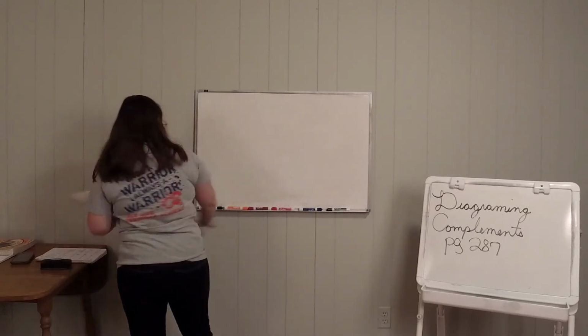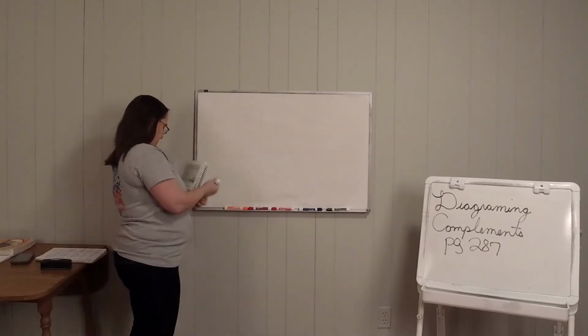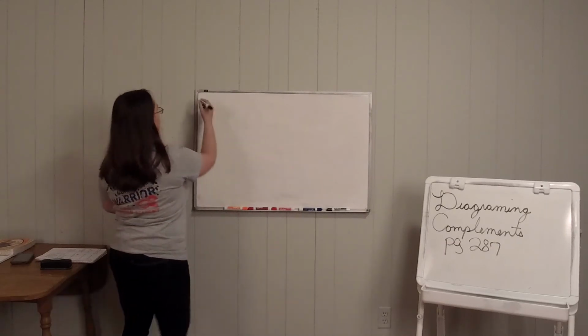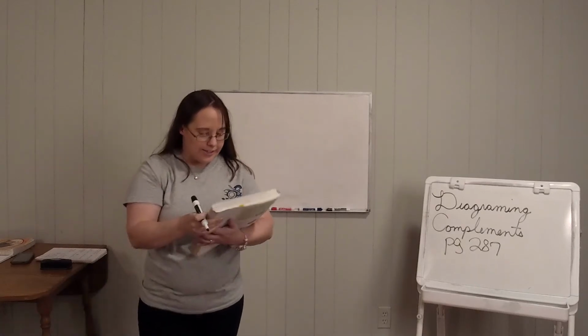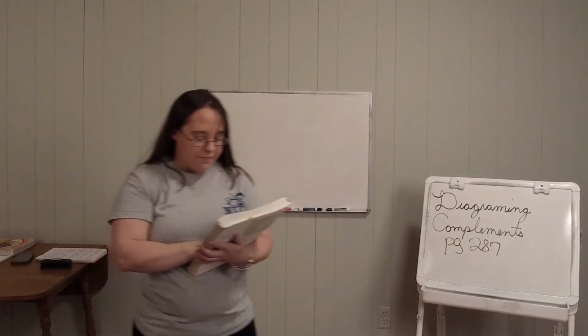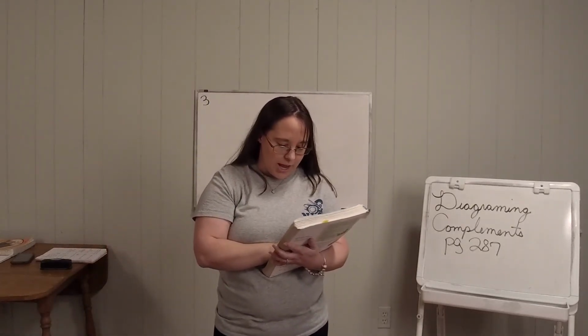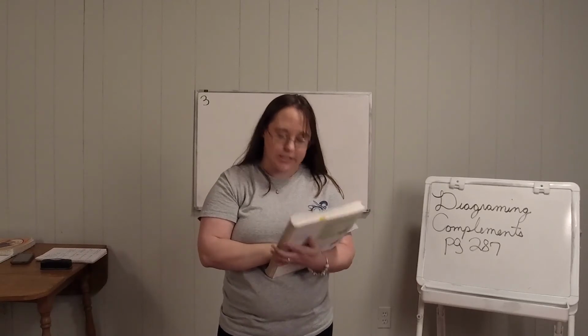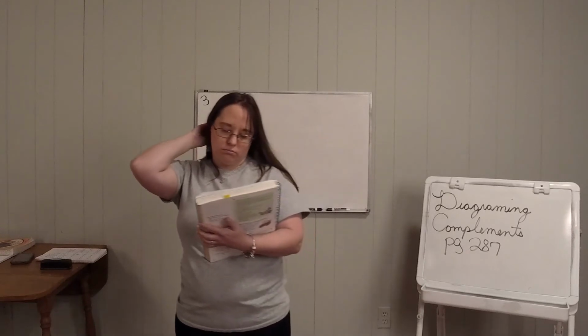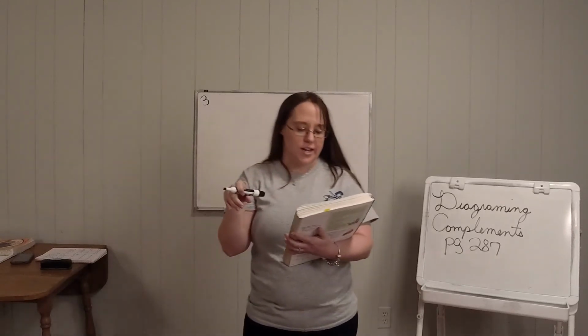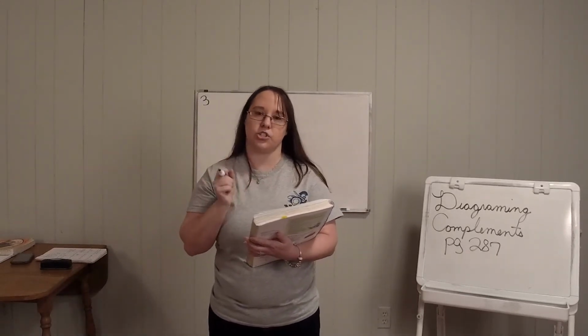Okay, let's look at number 3, I said. Number 3 says, my father is Irish and my mother is English. Well, let's look. Can we make 2 sentences there? My father is Irish.